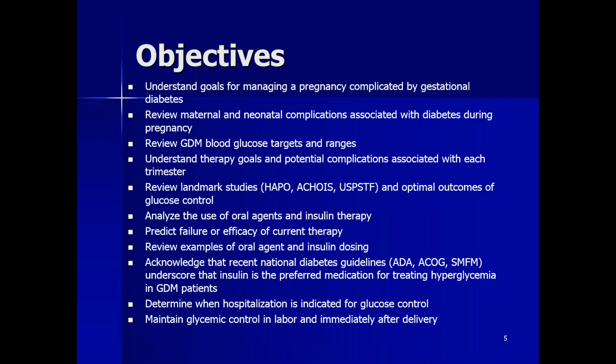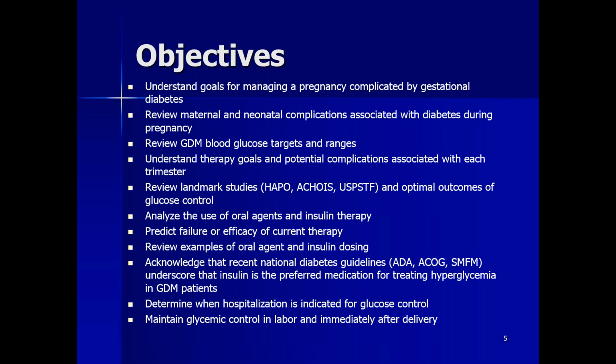We're going to talk about the use of oral agents and insulin therapy, as that management paradigm has changed a lot recently. We'll try to predict which patients are going to do well and which are going to fail their current therapeutic regimen and require changes. We're going to talk about examples of oral agent and insulin dosing regimens.